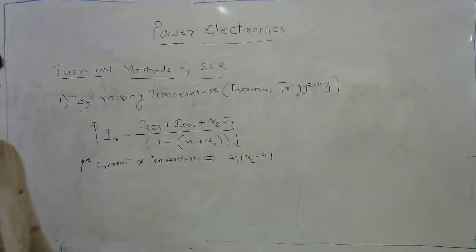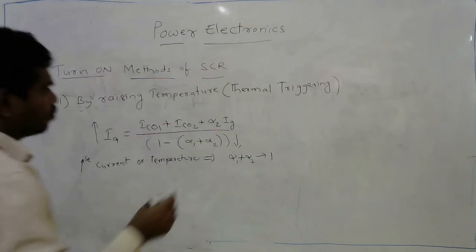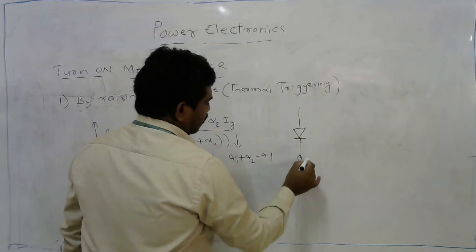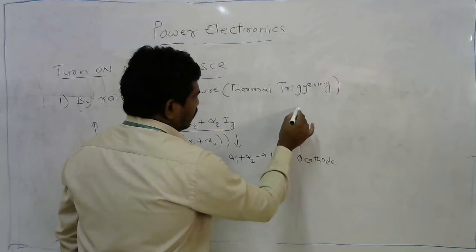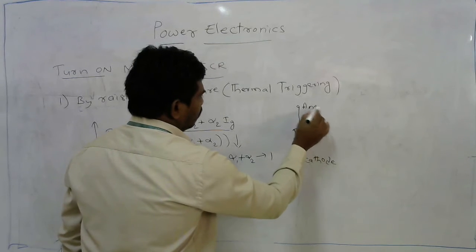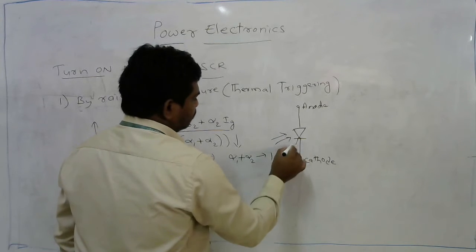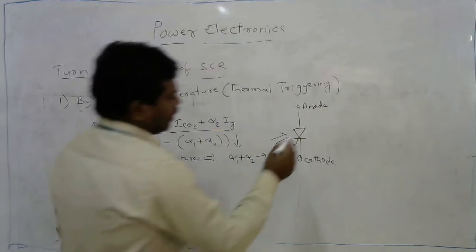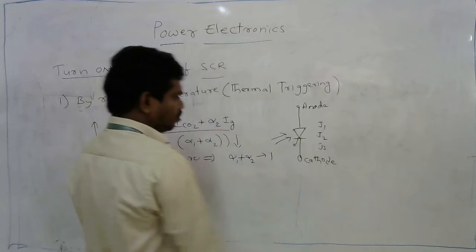When we apply some heat, the junction J2 is going to break down. Basically, this is my SCR, with cathode and anode, and I am going to heat it up with an external heating source. As we know, there exist J1, J2, J3 junctions.